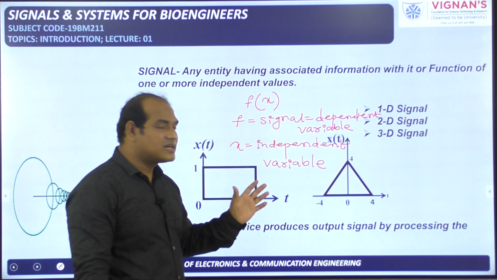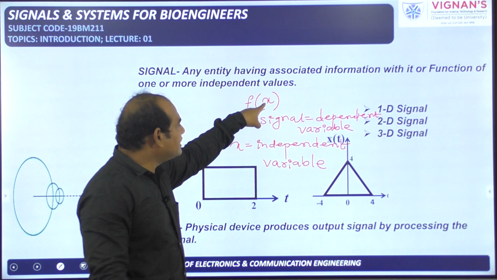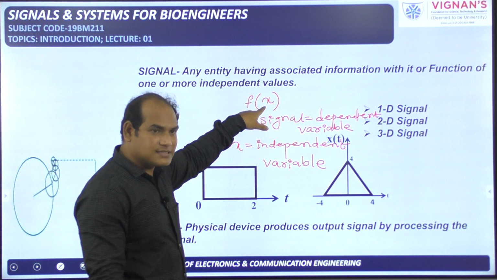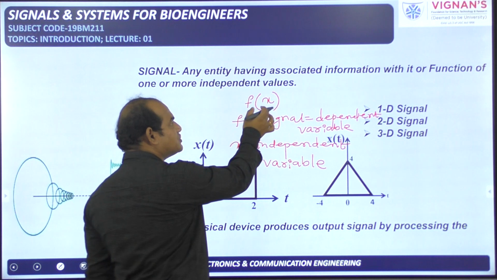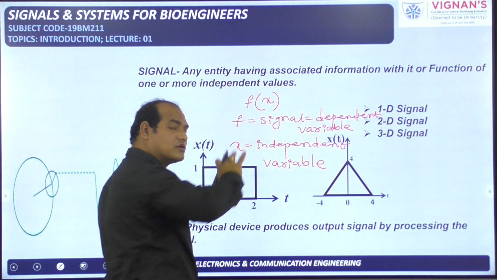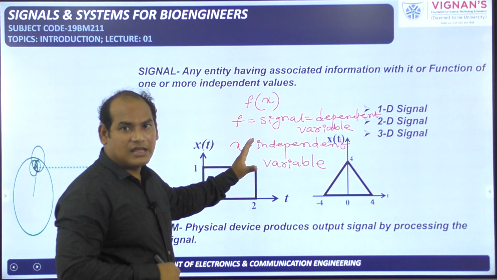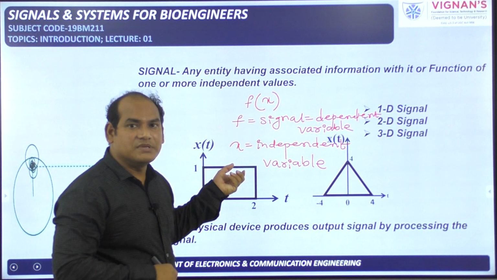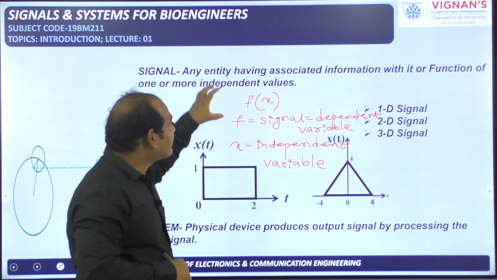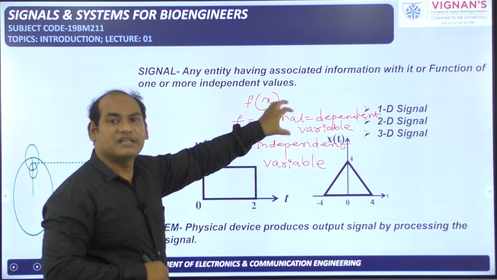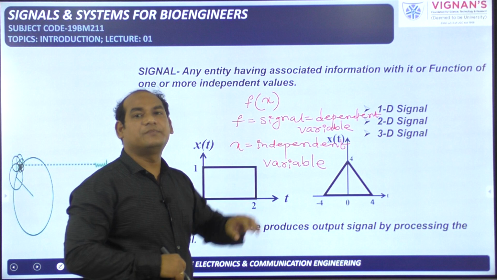That means in general, by giving values to the independent variable x, we will get values for the dependent variable. So some relation is there between these two, x and f. That relation I have not given here till now, but I am telling f of x is a signal. That means there is a relation between f and x. That means f is defined in terms of x, that is, the dependent variable is defined in terms of the independent variable.